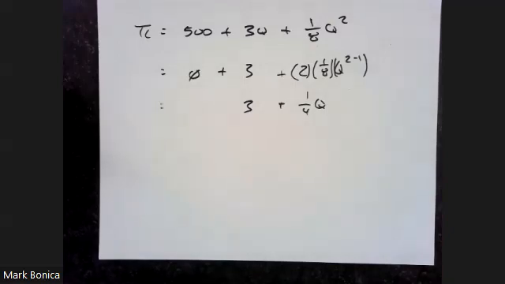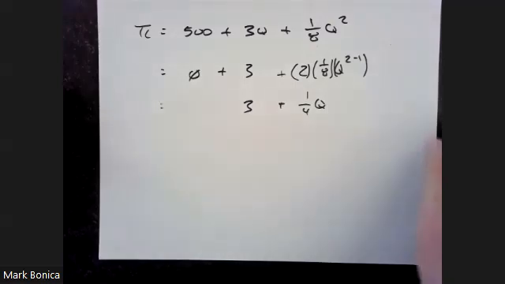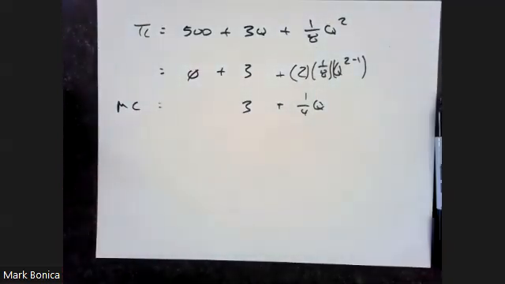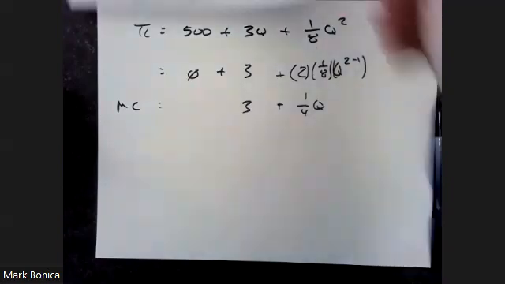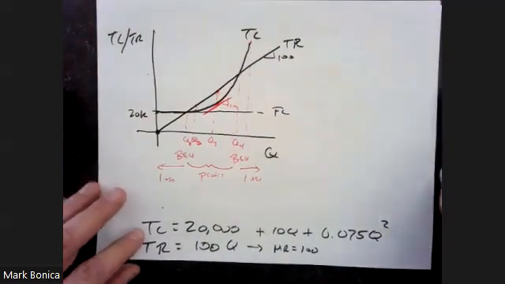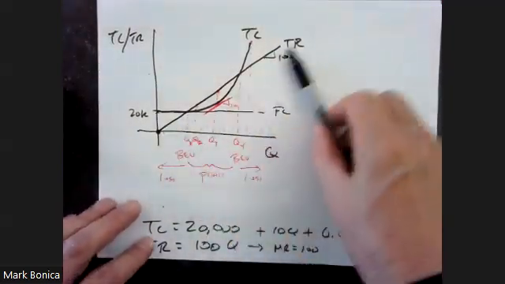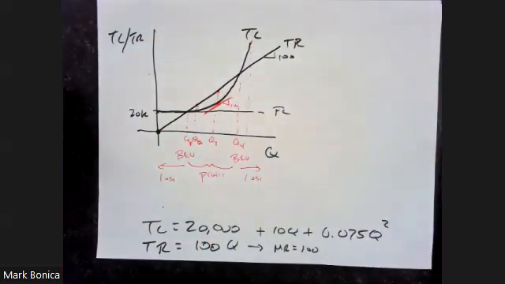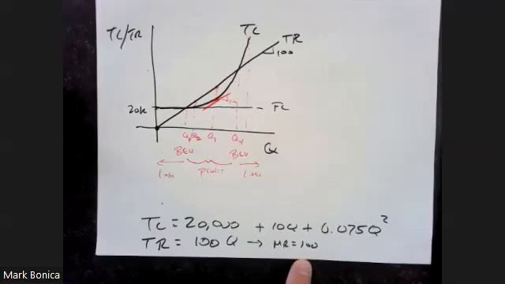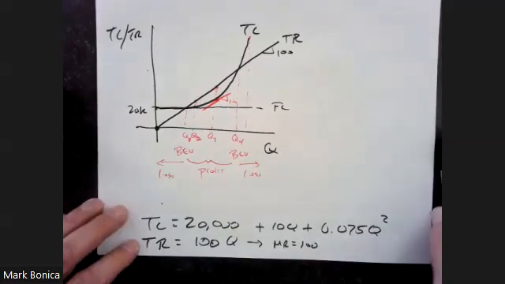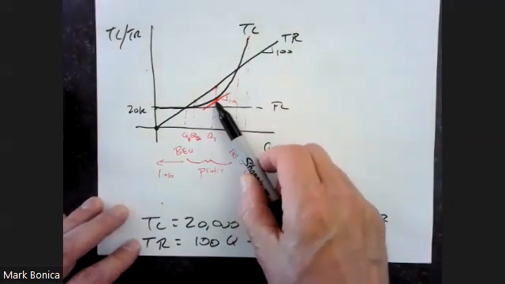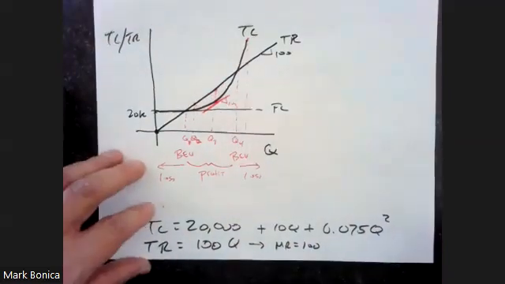Okay. So you now know how to do both marginal cost and marginal revenue. So here's what I'm going to tell you. What's the marginal revenue for the total revenue curve? With a slope of 100, it is 100, right? Because it's going up by 100 every time you add a Q. What we're looking for is where the marginal cost is equal to the marginal revenue.